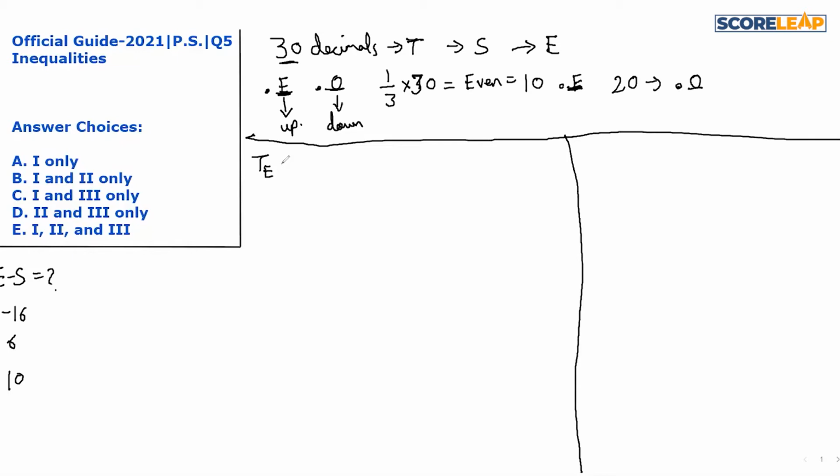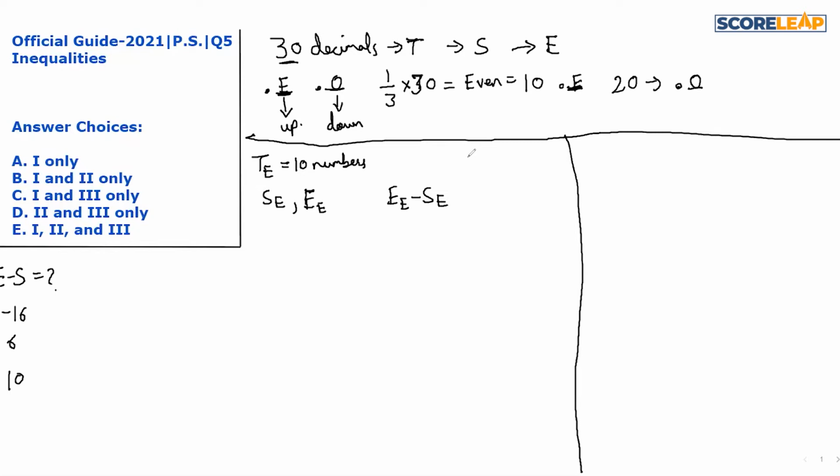We have 10 numbers over here. SE is the sum of all those 10 numbers, and EE is the sum of estimated values of those even numbers. First of all, we will find out the limits of EE minus SE.